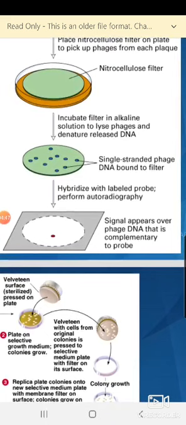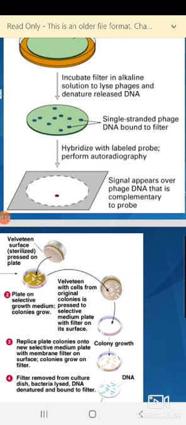The single-stranded phage DNA is now bound to the filter. Now you hybridize with the labeled probe of interest and perform autoradiography. So you may get one signal or two signals, based on which plaque contains your gene of interest.